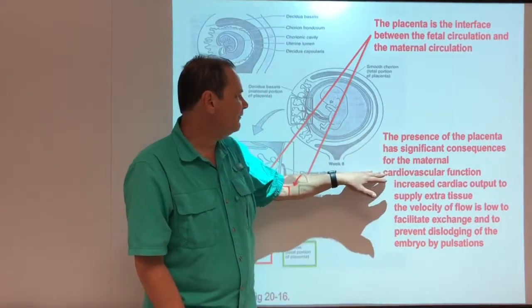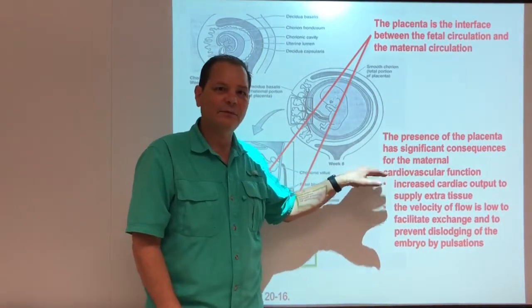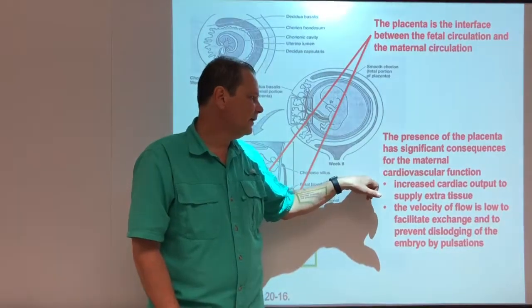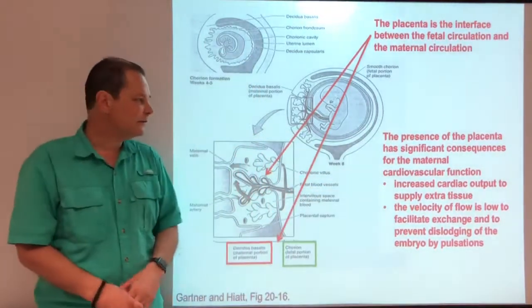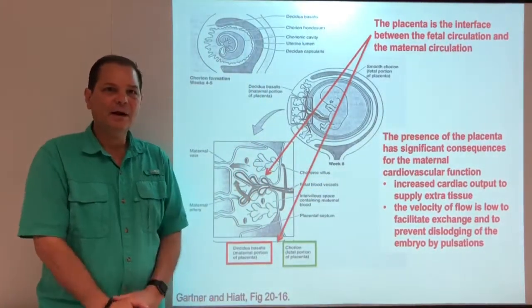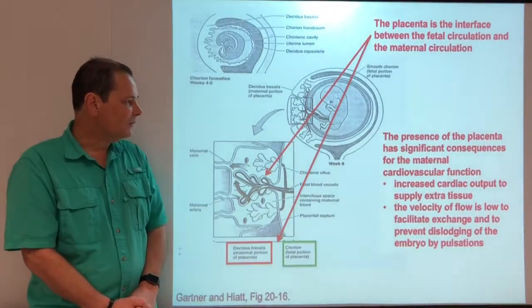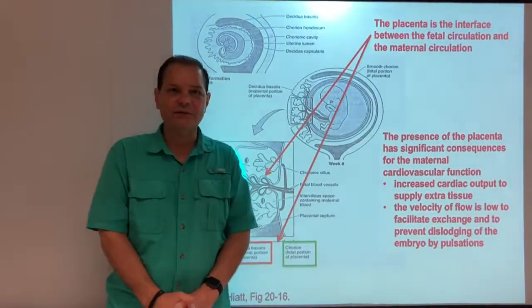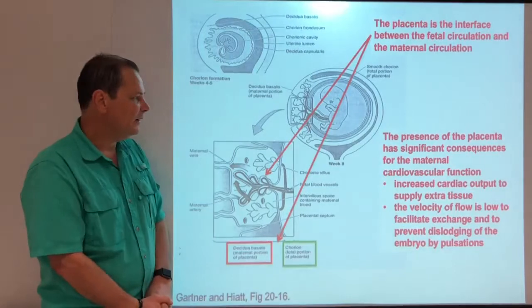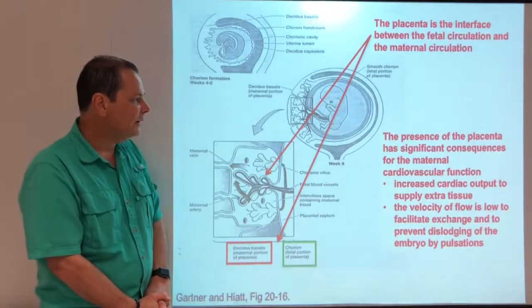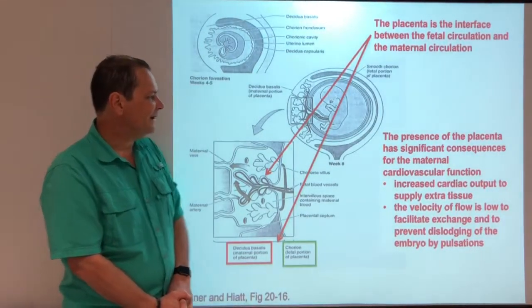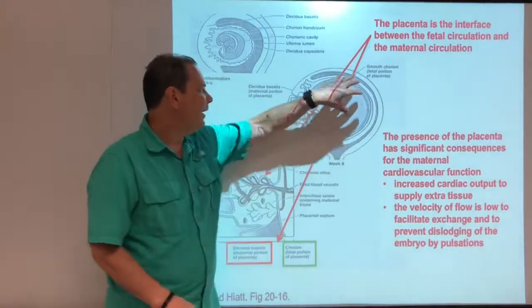The presence of the placenta, before we go any further, does have cardiovascular functional implications. We're not going to talk a lot about that. They may talk more about it in women's health, and if not, you will certainly address it in the floors during year M3. But I think this makes some sense to you.